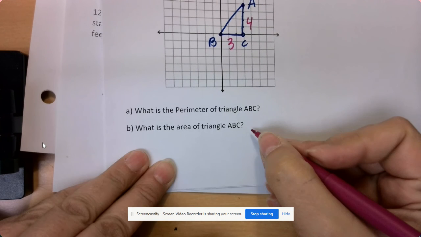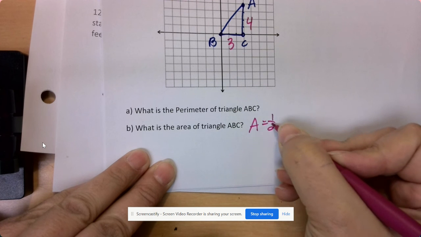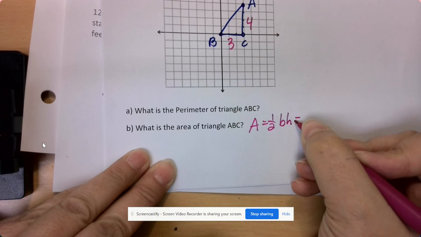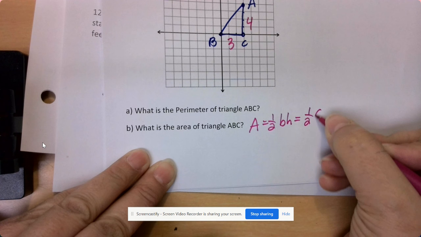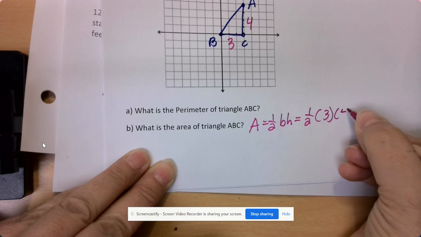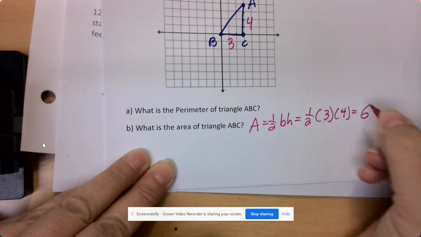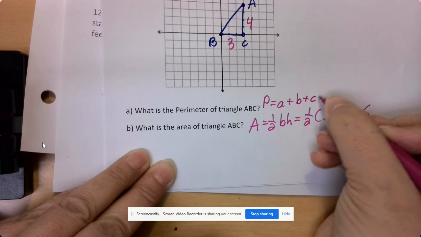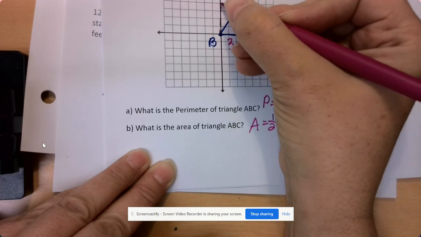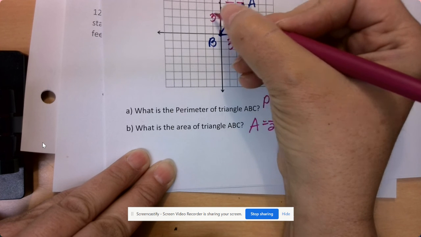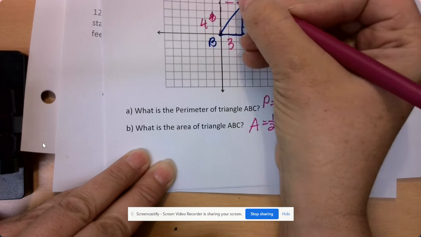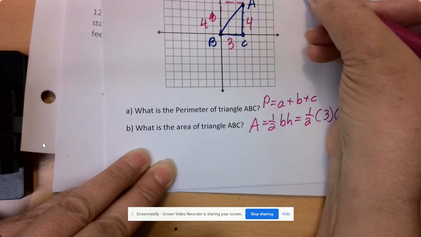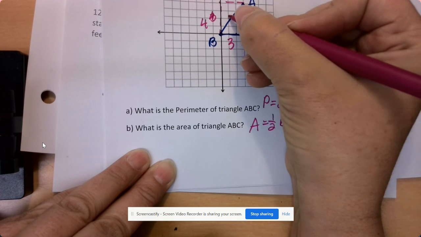So area is going to be 1/2 base times height. So 1/2 times 3 times 4 is going to be 6. And then for the triangle, we're going to add all 3 sides together. Okay, but I need to find the length for this side, everybody, which is 4 by 3. So I have to use Pythagorean theorem to find C.